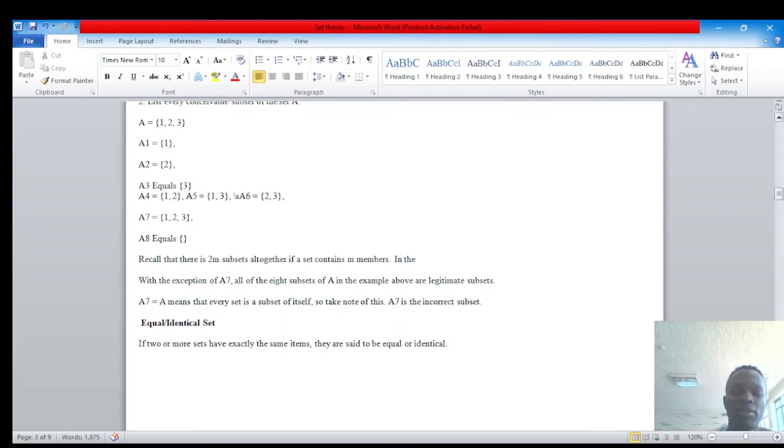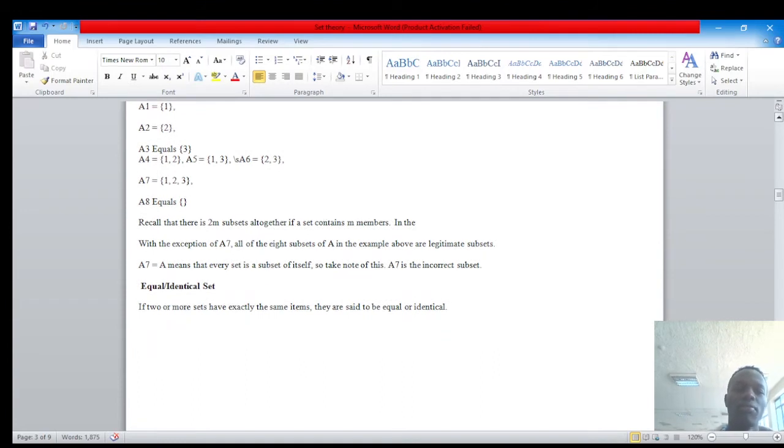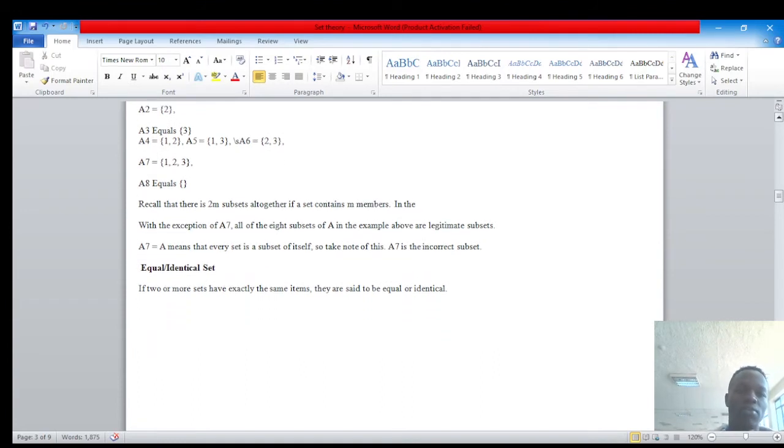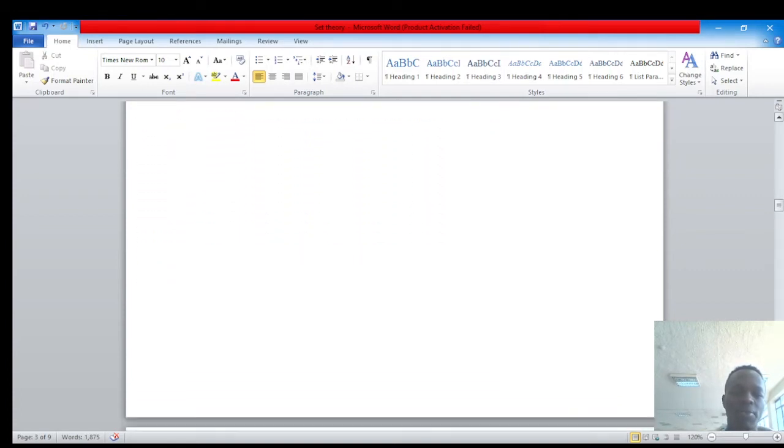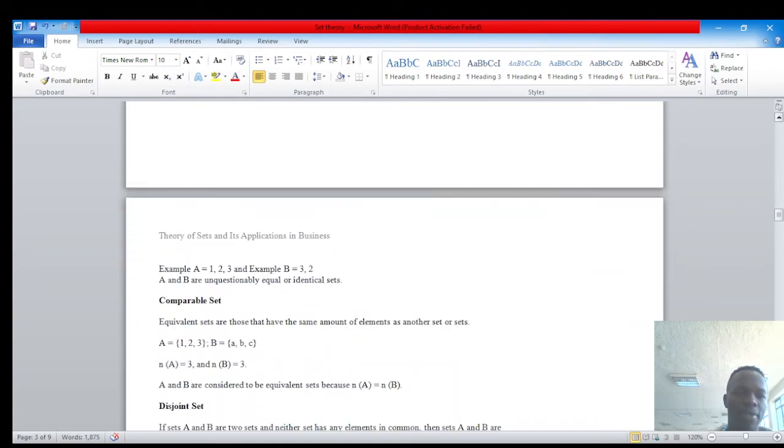And then we have identical or equal sets. If two or more sets have exactly the same items, they are said to be equal or identical. For example, set A is 1, 2, 3, and set B is 3, 2.